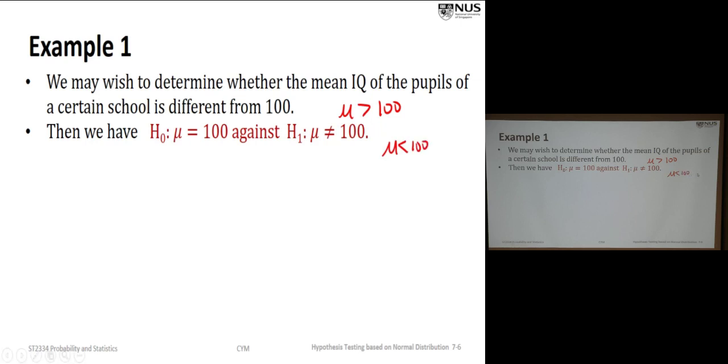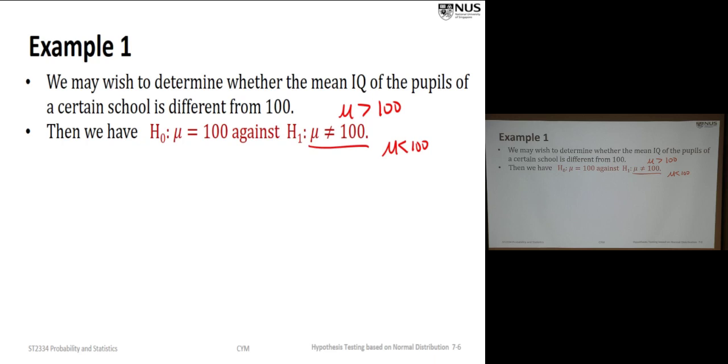But if we don't know whether it is an independent school or a special school for special students, then we don't know which direction to go. So the safest is to include both. So in that case, we have mu not equal to 100.